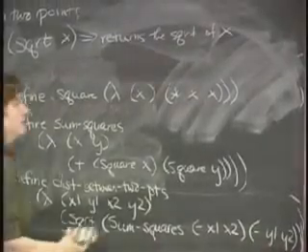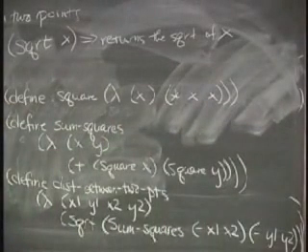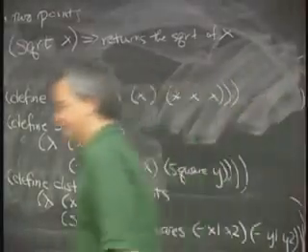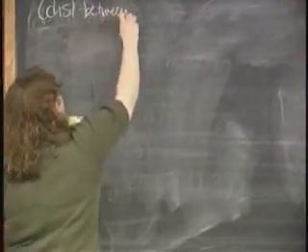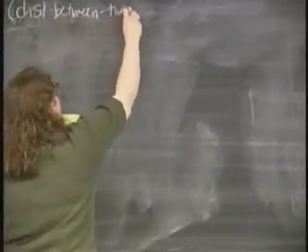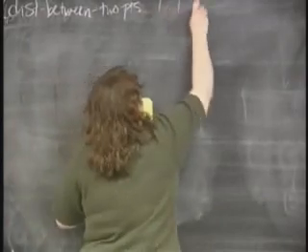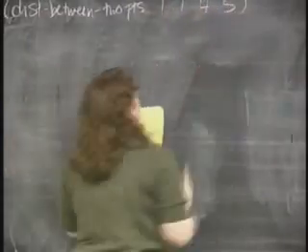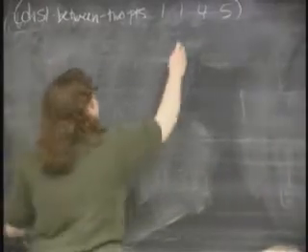Okay, let's evaluate this using the substitution model. So we're going to compute the distance between 2 points: 1, 1 and 4, 5. So evaluate sub-expressions in any order.